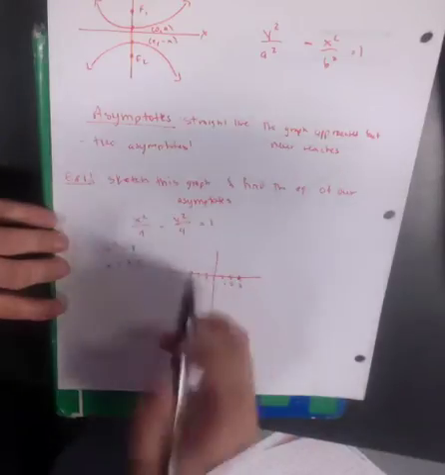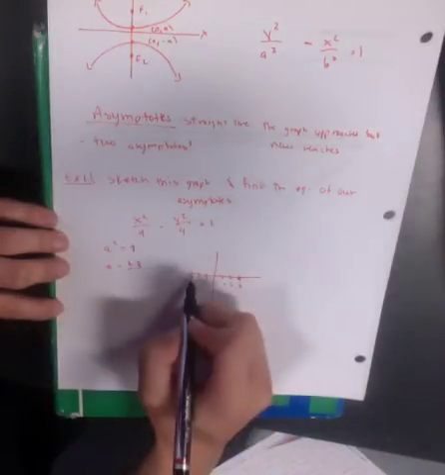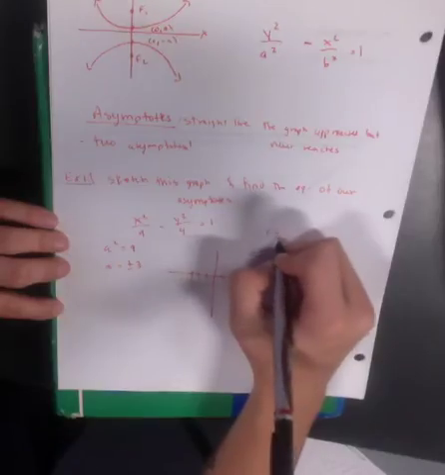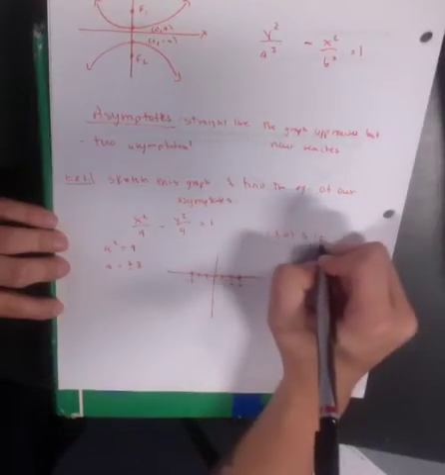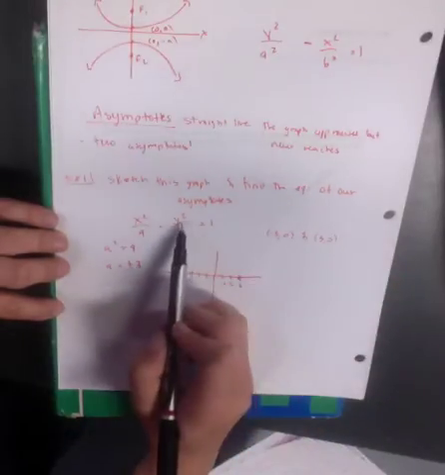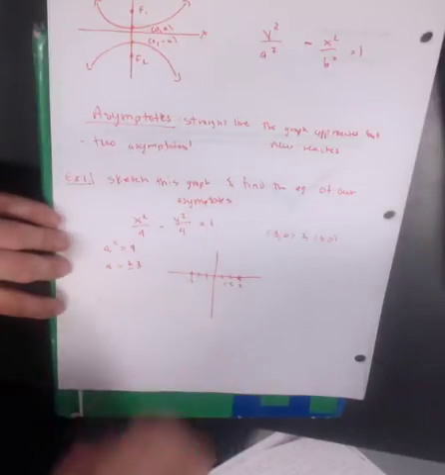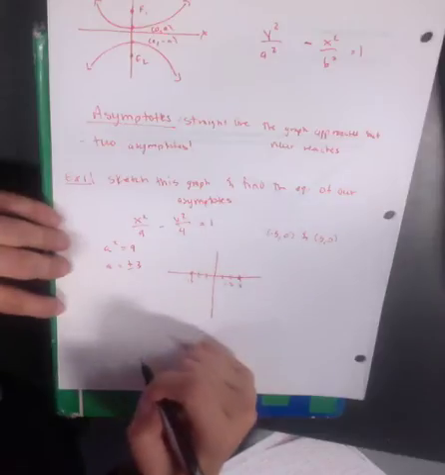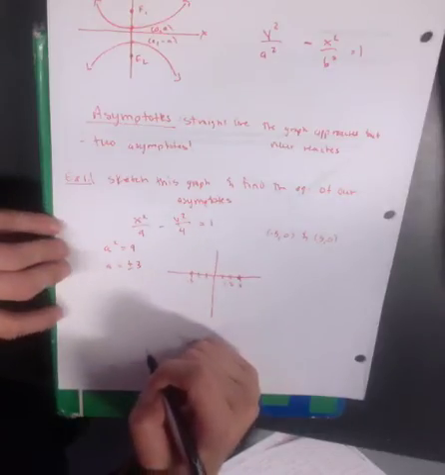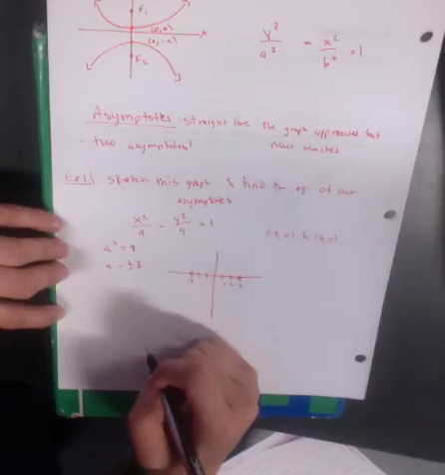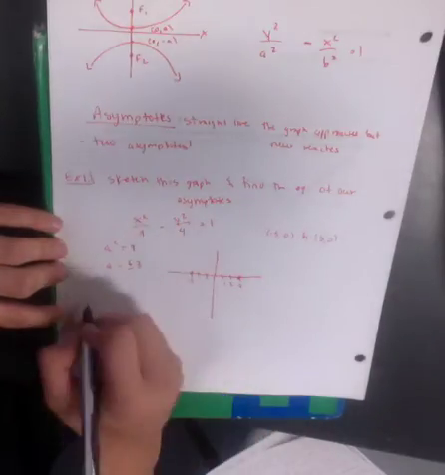Okay. And we see this is true, right? We have the points negative 3, 0, and 3, 0. If we were to plug in 0 for y, that is what we would get for x. Okay. Now, what if I plugged in 0 for x? Okay. Let's do that.